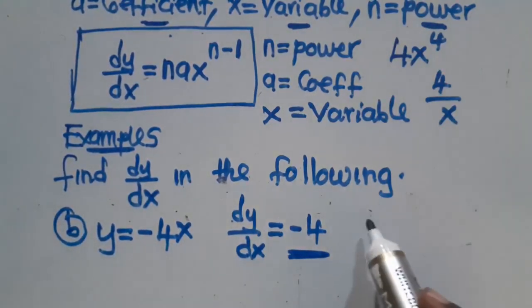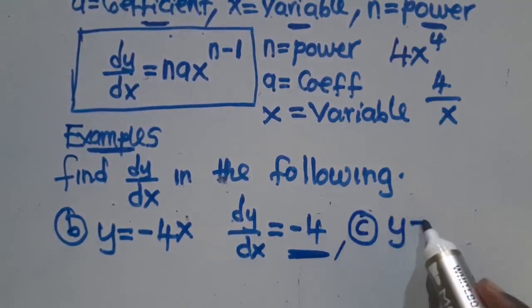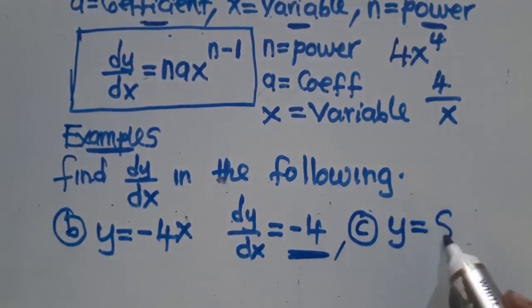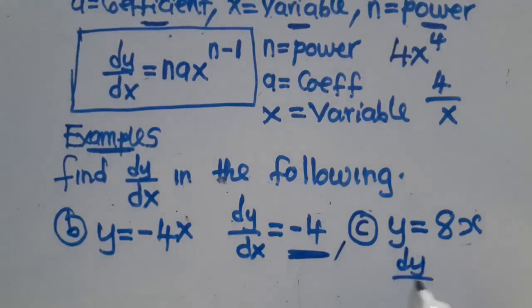Another question, let's say this is C. You are told to differentiate y is equal to 8x. So meaning that dy dx is equal to what? 8. You are done. This is what you are supposed to do.